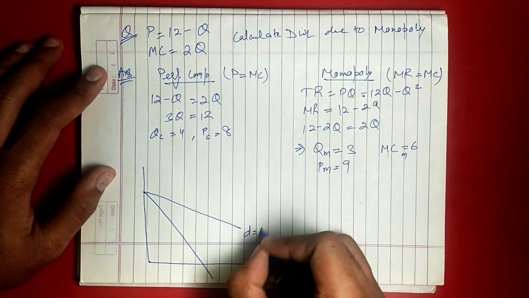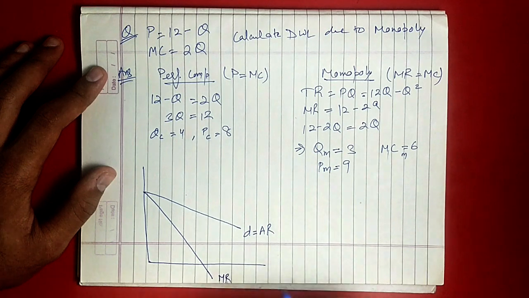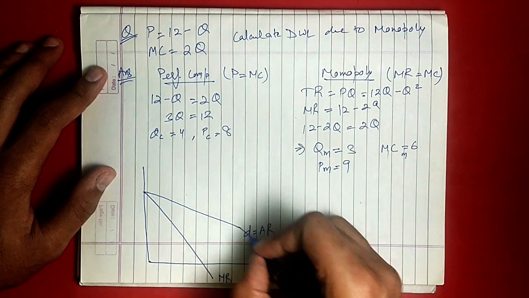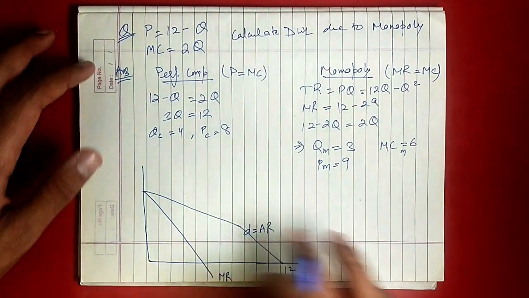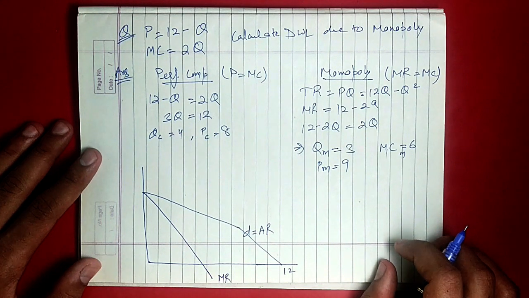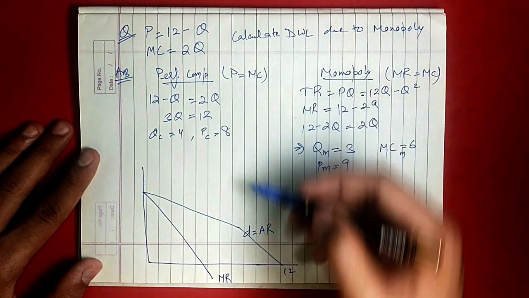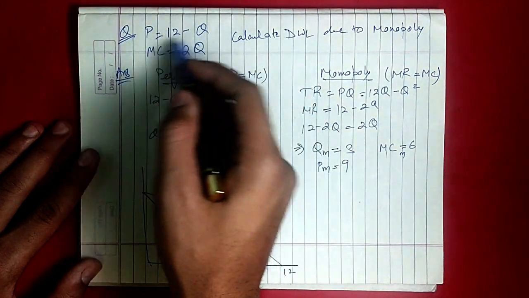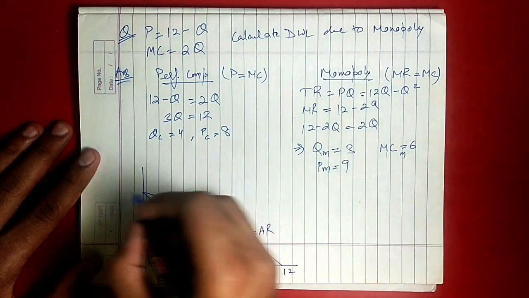This is the demand curve, D equals AR, and this is the MR curve. If you want to mark the axis, this is a straight line only. Pardon me for my drawing. This is the quantity. If Q is equal to 0, it will come as 12. And if you plot this equation like when you do in maths, it's basic like this.